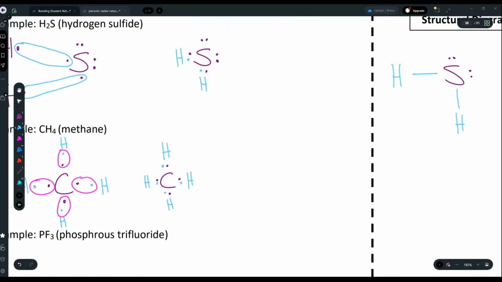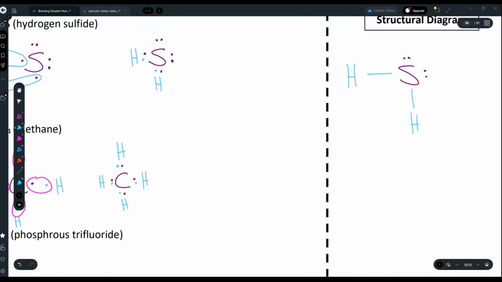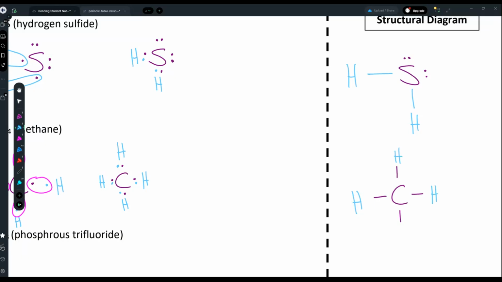All right, so now we need to go from either one of these drawings into a structural diagram. So anywhere where you have a circle around two bonding electrons, you're going to create a stick that represents a bond. Okay, so I have bonds on all sides of the carbon. So we're going to go like that.